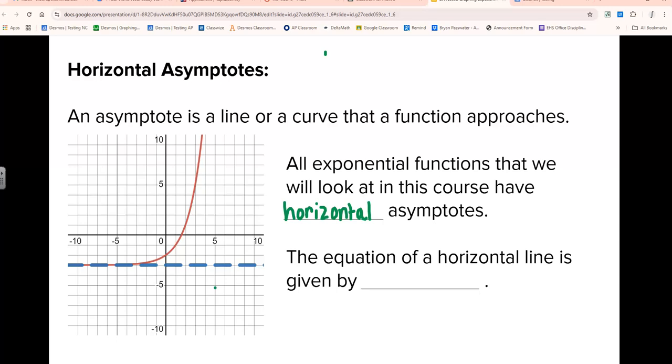Something very important for you guys to know right here. This is Math 1, but even my calculus kids get this mixed up sometimes. The equation of a horizontal line is given by y equals a number. Horizontal lines are going to be y equals a number.